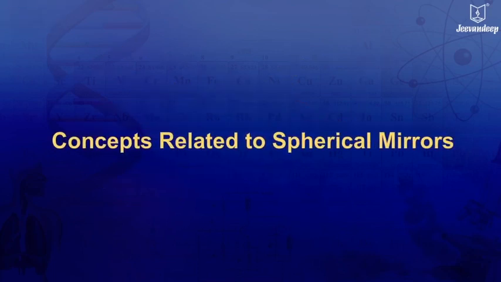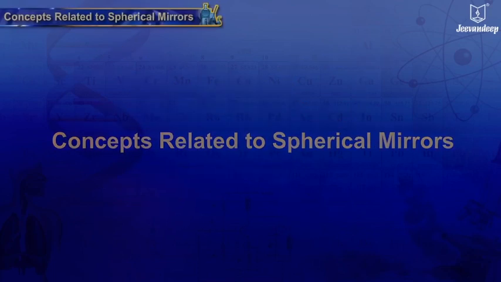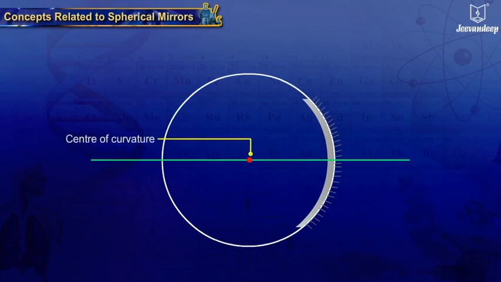Concepts related to spherical mirrors. Center of curvature, represented by C. The center of the sphere, of which the mirror is a part, is called the center of curvature, C, of the mirror. Pole, represented by P. The center of a spherical mirror is called the pole P of the mirror.